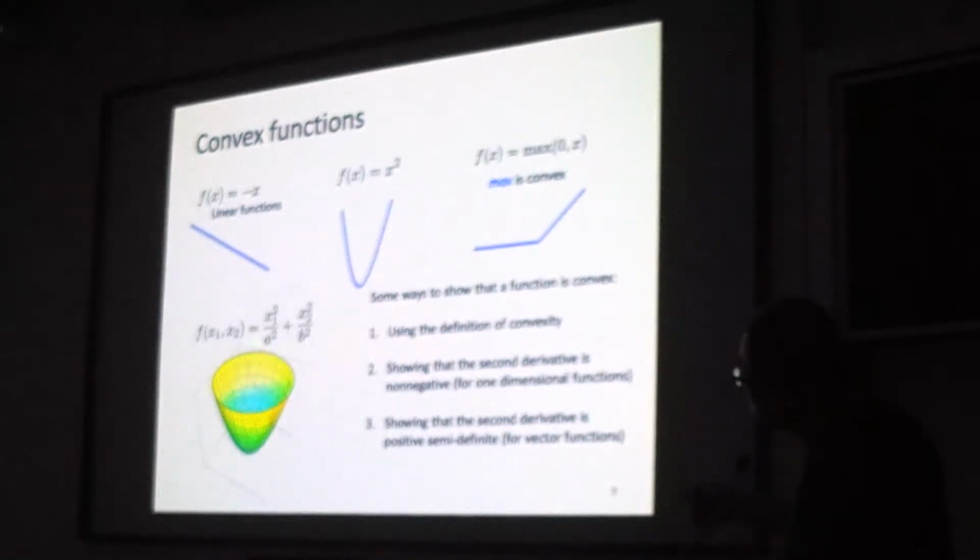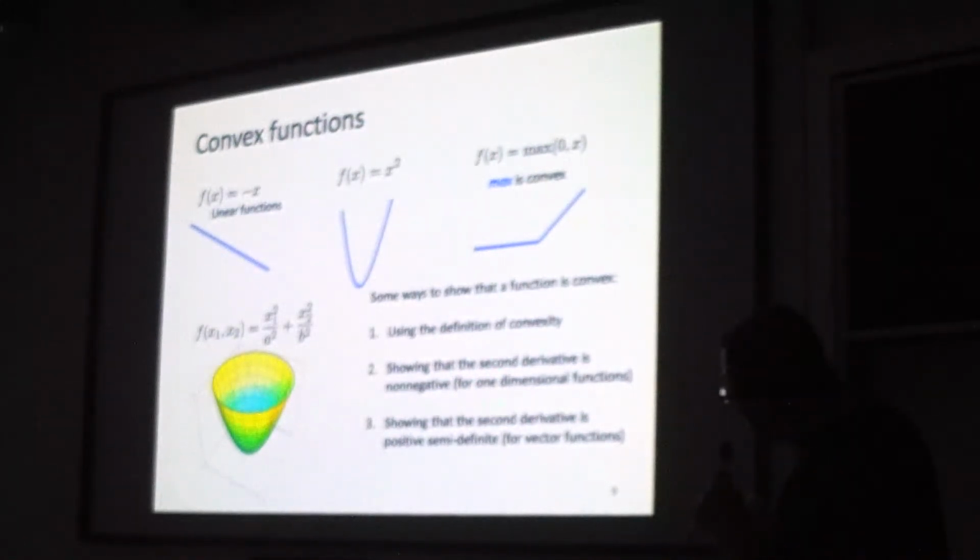And here's a two-dimensional case, which you can view as a special case of functions with two-dimensional inputs, while visually they correspond to a cone. And how do we show a function is convex? There are three commonly used strategies. First, just use the definition to show the convex inequality holds. Second, if the function is twice differentiable, you can just show the second derivative is always non-negative.